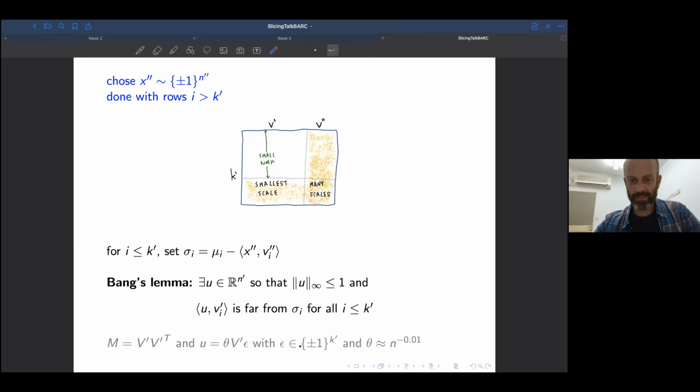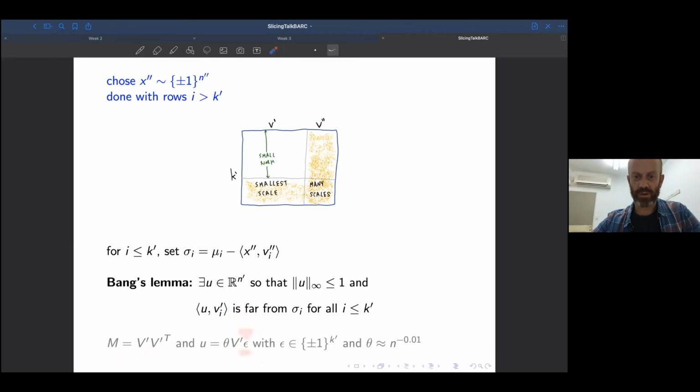So if we remember that m is of this sort, then a vector u, which is this vector, with some parameter theta that we can ignore for now, is the list of vectors, times epsilon. Sorry, there is a transpose here, which is a typo.